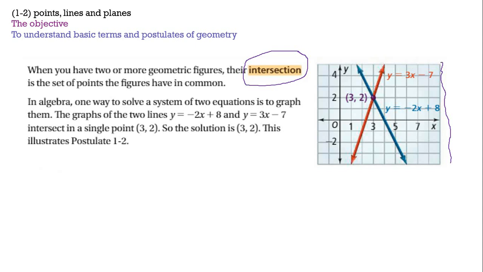That was in algebra 1. So the intersection is the set of points common between these two lines or these two graphs. For example, if we have a line and this curve, this is the intersecting point.